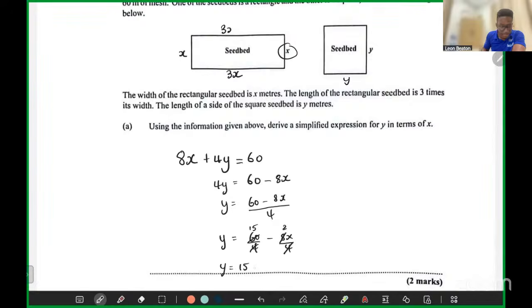So y is equal to 15 minus 2x, and this is the simplified expression for y in terms of x. That's the simplified expression for 2 marks.